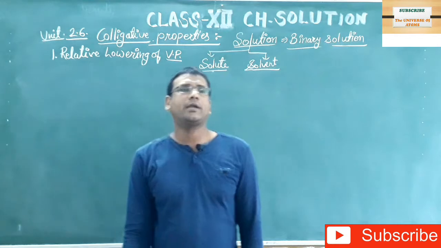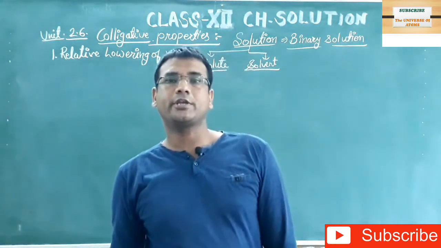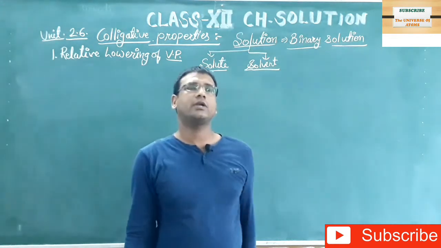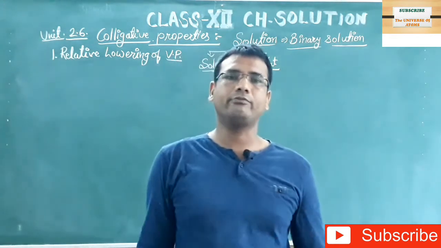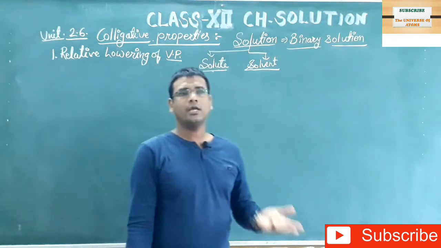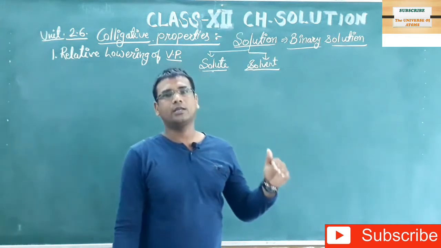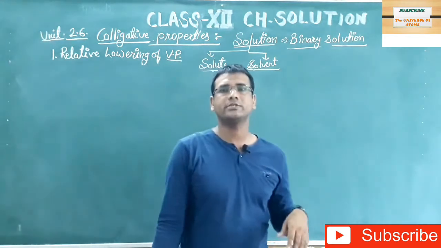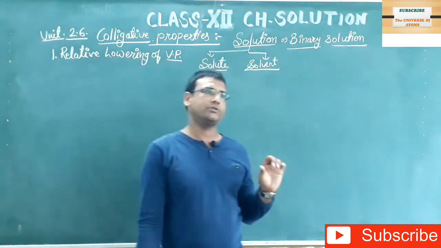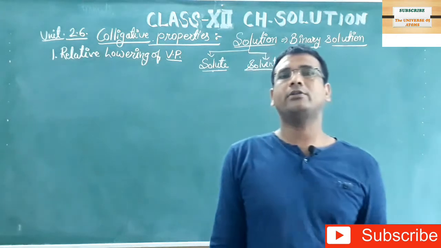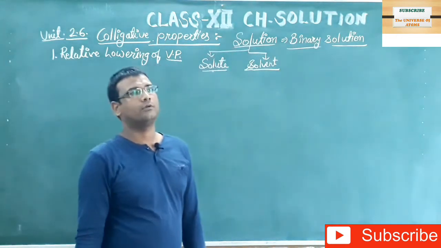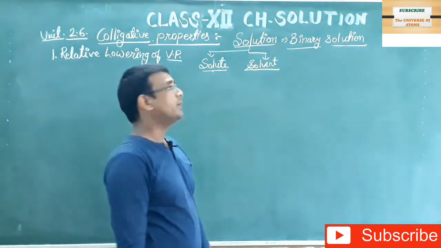At all temperatures vaporization is taking place, so vapor will be formed, and some particles of that liquid will come out from the solvent, and those particles in vapor phase or gaseous phase will exert pressure on the surface of that liquid. That pressure exerted by the vapor phase of that particular liquid is called vapor pressure. This one we have already discussed.